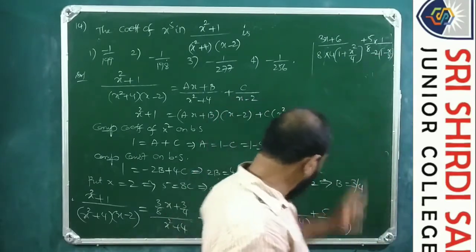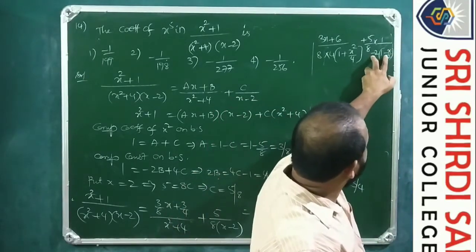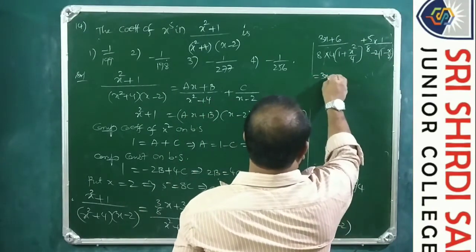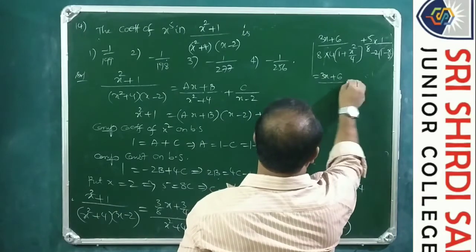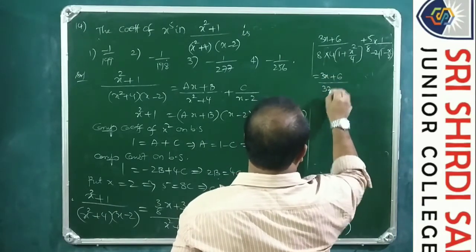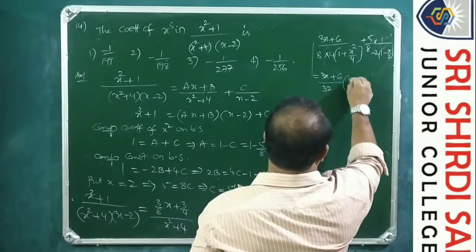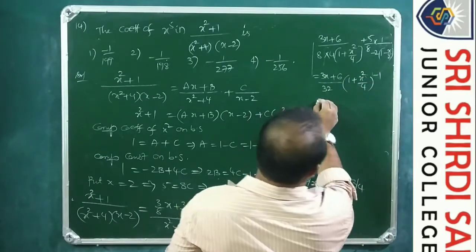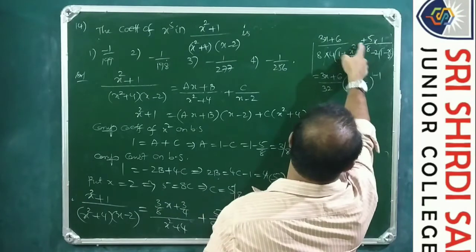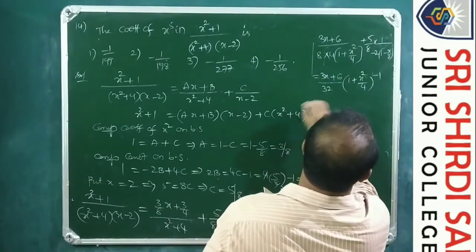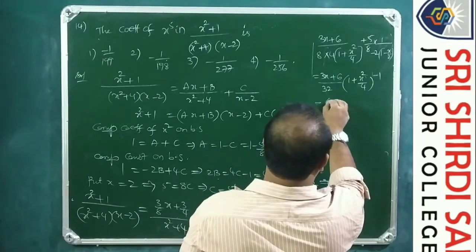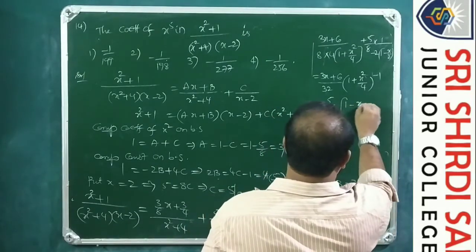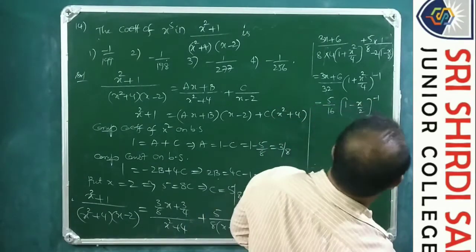So minus 2 into 1 minus 2, minus into minus plus 2 gets cancelled, x. So this is (3x + 6)/32 into (1 + x²/4)^(-1), plus, minus into minus, so this is 5/16 into (1 - x/2)^(-1).